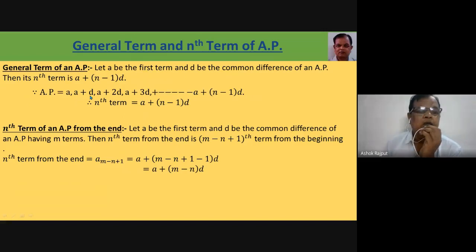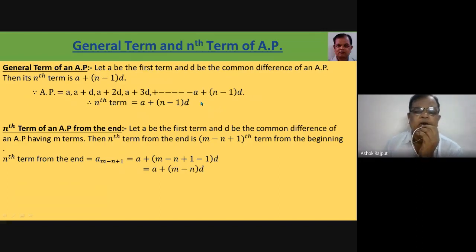In the second term, the term is second and the coefficient of d is 1. In the third term, the term is third and the coefficient of d is 2. And in the next, it is the fourth term and the coefficient of d is 3. Now we see here that the coefficient of d is less by 1 than the number of the term.